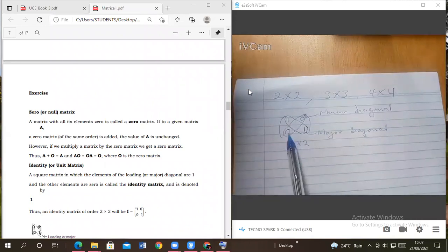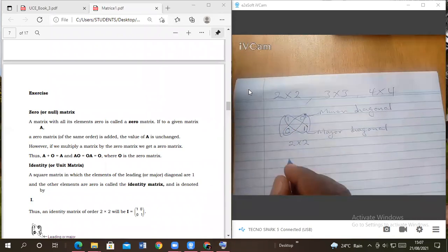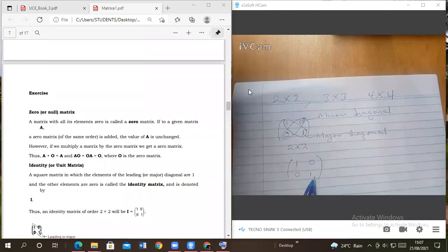So this is a unity matrix: 1, 0, 0, 1. If you have these entries as ones and the rest of the entries zeros, then this is a 2 by 2 unity matrix.